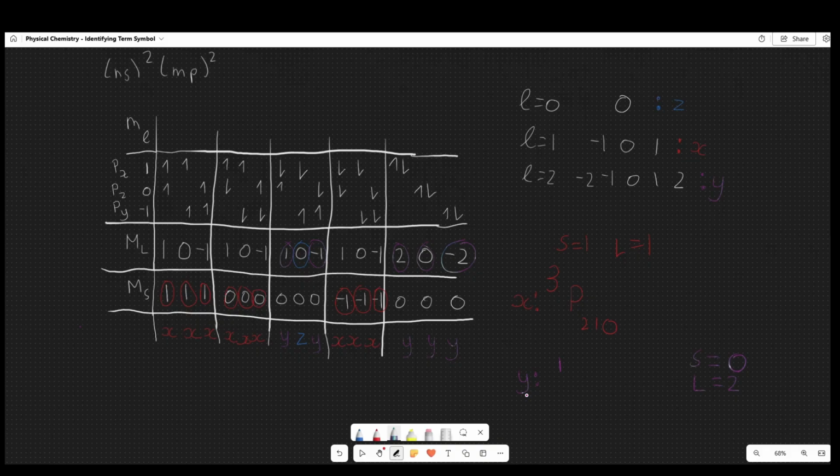When L equals 2, it becomes D. When L equals 1, it's P. And 0 is S. So we have 1D, and here we only have 1D2.